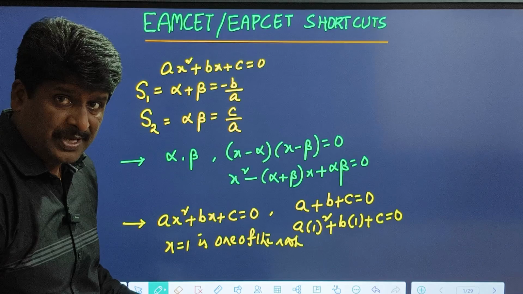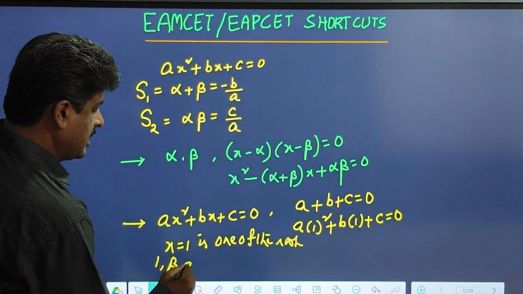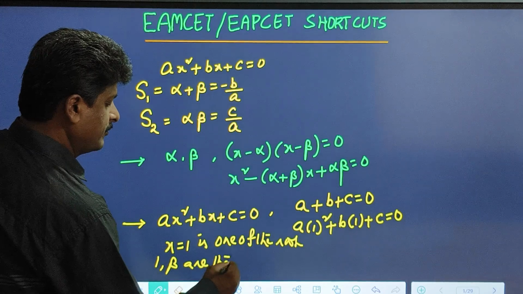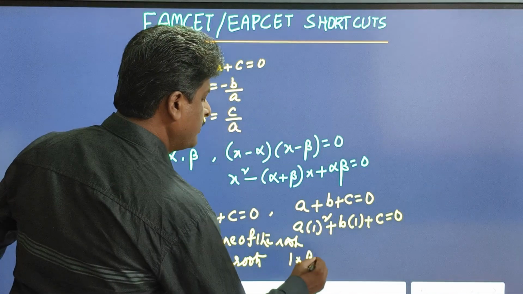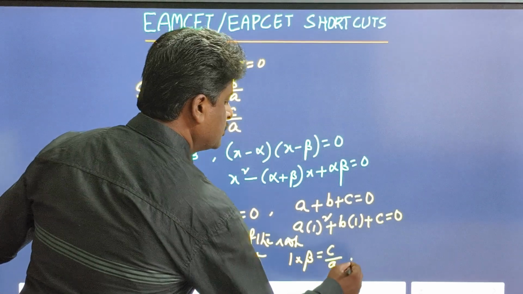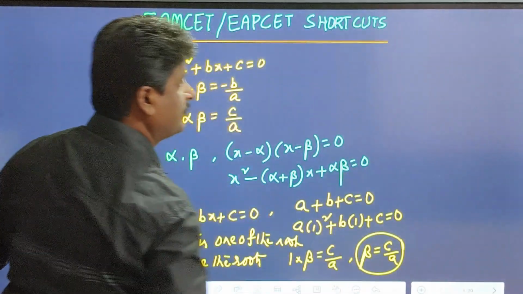Let us assume the other root be beta. So 1 comma beta are the roots. Then what will be happening? 1 into beta will be the product of the roots. So beta is equal to, we are getting c by a.